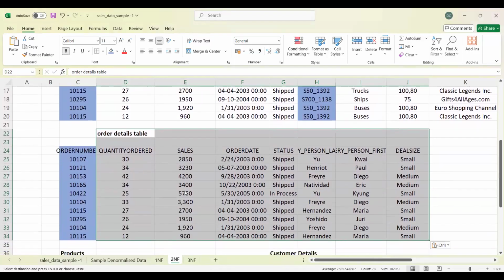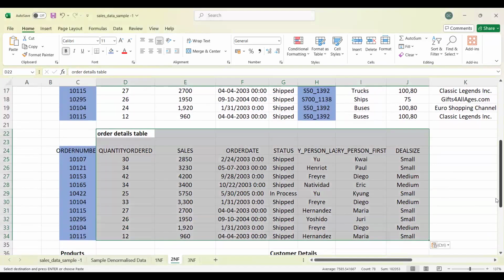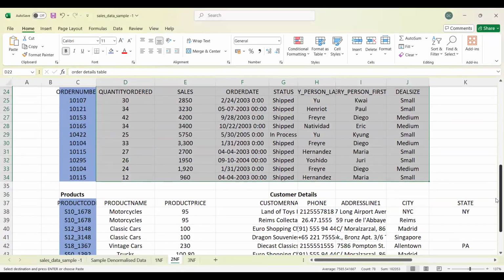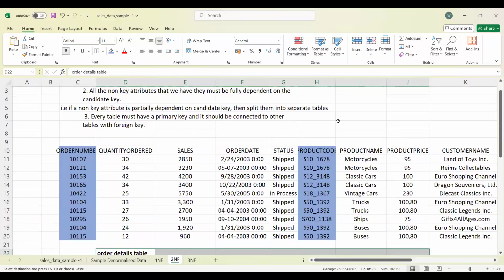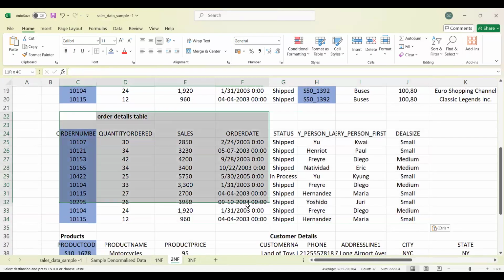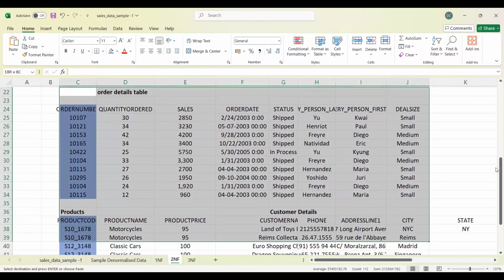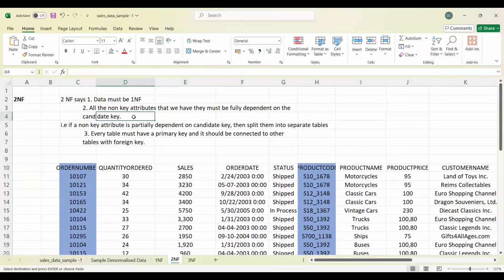Like, this all columns relates to orders. So I kept all these columns in the order details. In the same way, I created products table and customer details table. Okay. So now these three tables, whatever I have, this data is satisfying my second rule of 2NF. Okay.